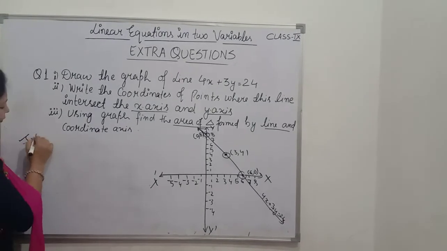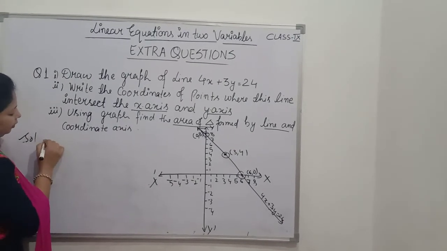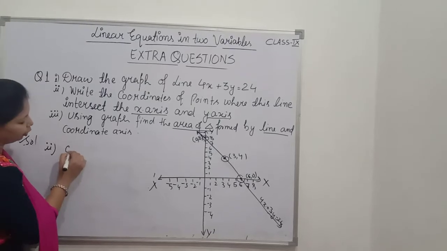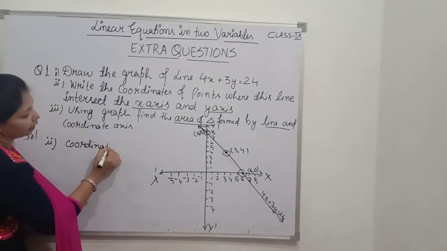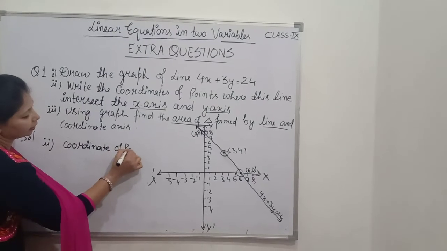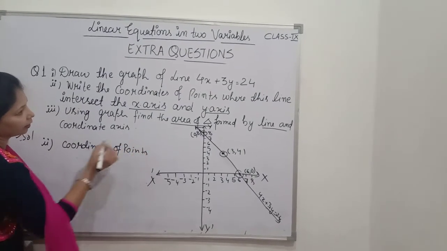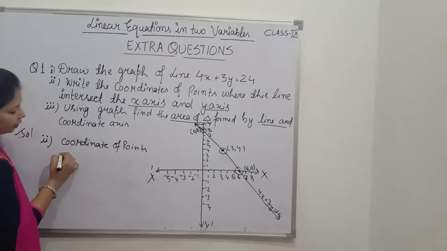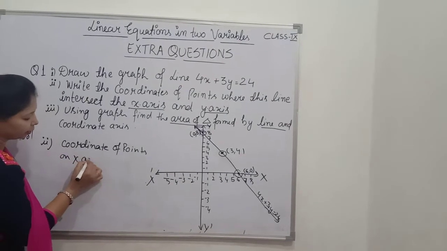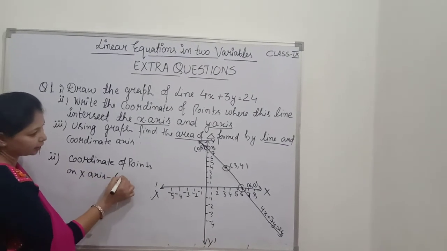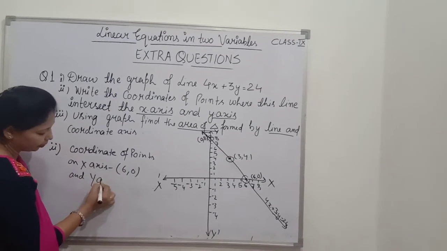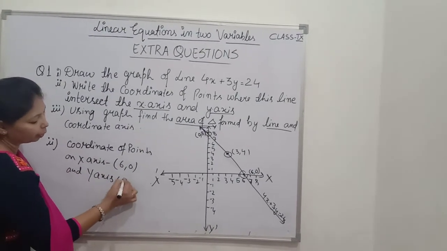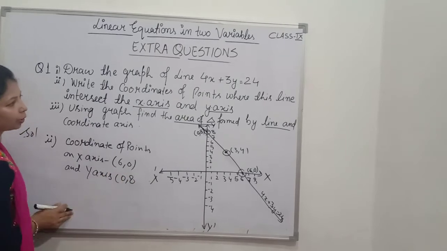From the graph, the coordinates of the points on the x-axis is 6, 0 and on the y-axis is 0, 8. So these two are the coordinates.